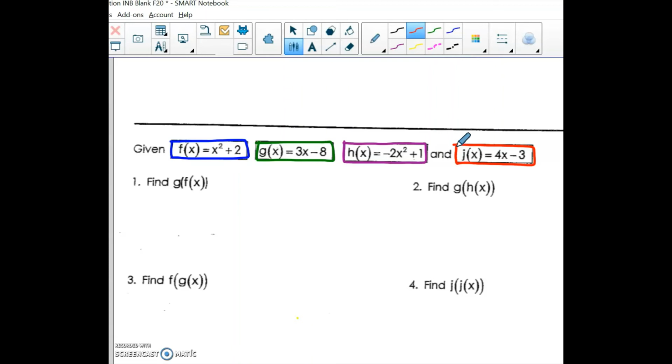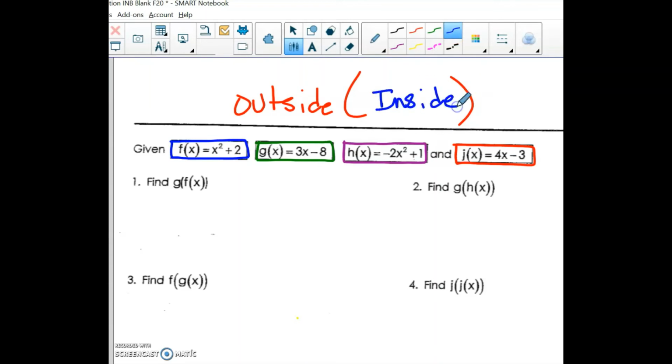The inside function goes into the outside function. So the way I start that is like this. I use outside, and then you put the parentheses and you put the inside function there.